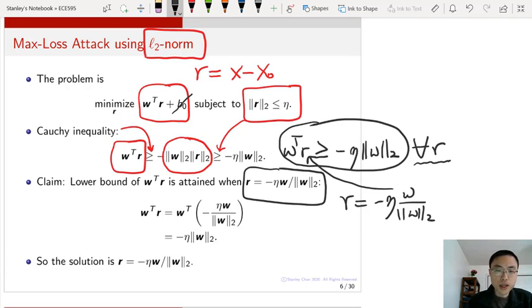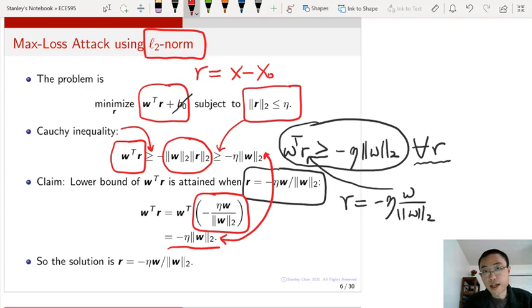So let's do some simple calculation. If you compute w transpose r, you put this r into the equation, and then the inner product of w transpose w gives you the squared 2-norm of w, but you also have a 2-norm of w in the denominator, so they cancel out. That gives you minus eta times the 2-norm of w. Comparing this with the term here, you realize that they are exactly the same.